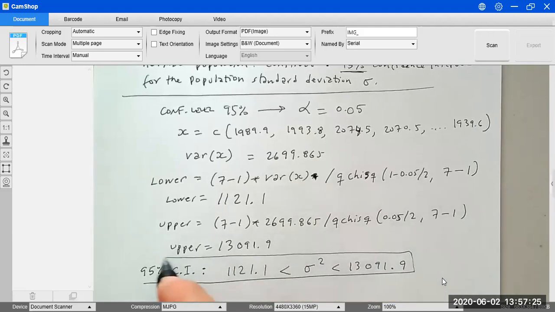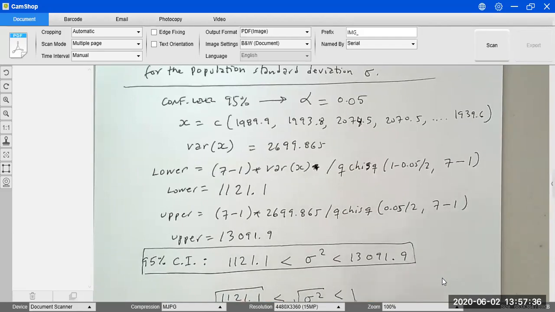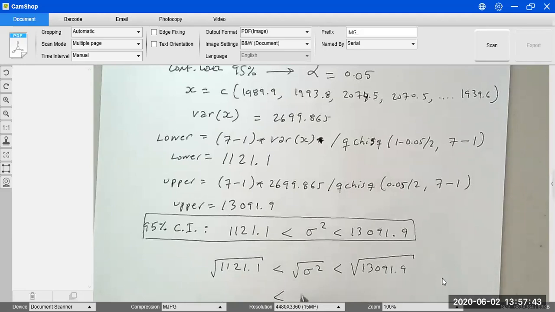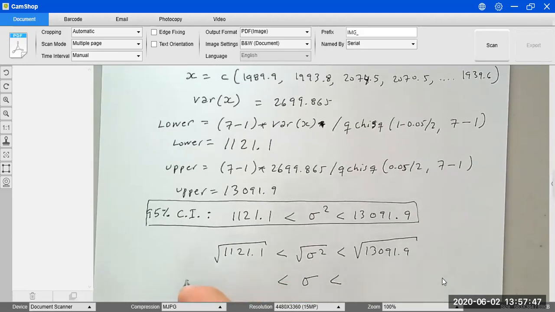Now, if we want the 95% confidence interval for the standard deviation, we need to take the square root of everything. So if we take the square root of everything, we're going to get the confidence interval for the standard deviation. So how do you do this in R? You're going to type square root of 1121.1, and here is square root of 13,091.9.